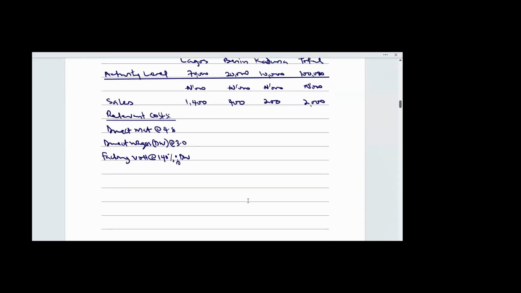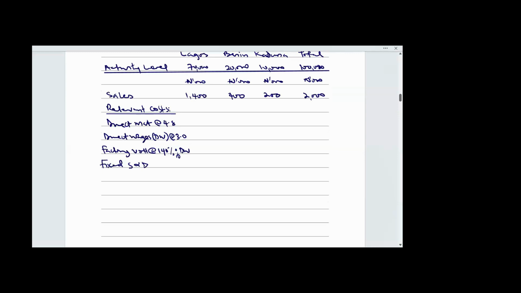Factory fixed overhead. Factory fixed overhead is irrelevant. It's not a relevant cost. Next, variable selling expense. The first one is fixed selling expenses, isn't it? Yes. So we have fixed selling and distribution.